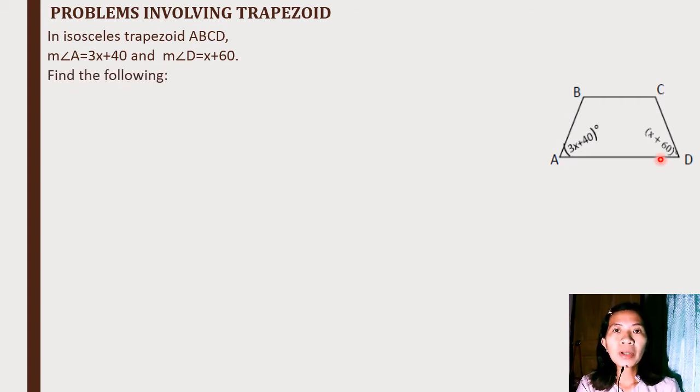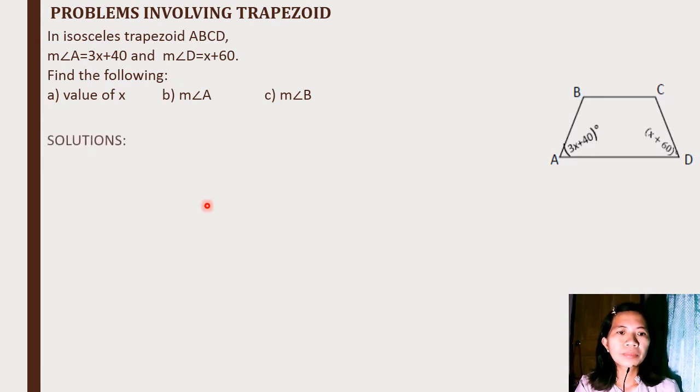Now we are going to find the following. What is the value of x? Then, find the measure of angle A. And find the measure of angle B. So we have these solutions.